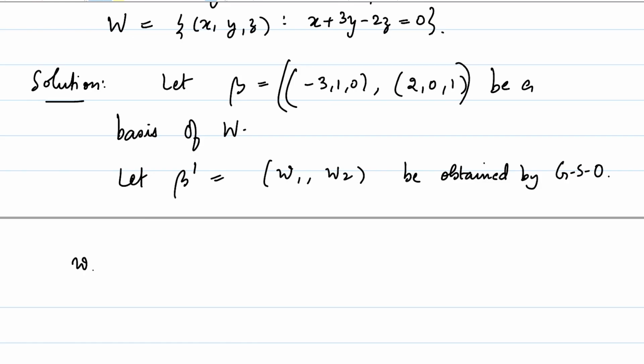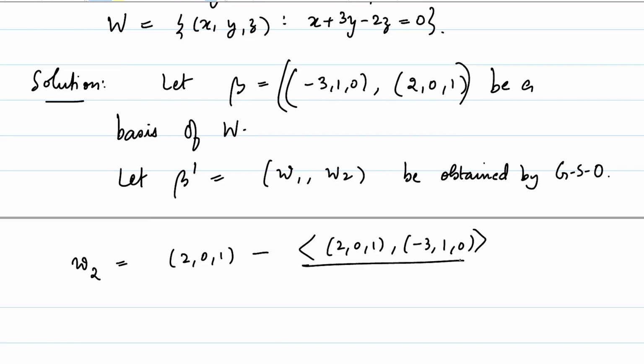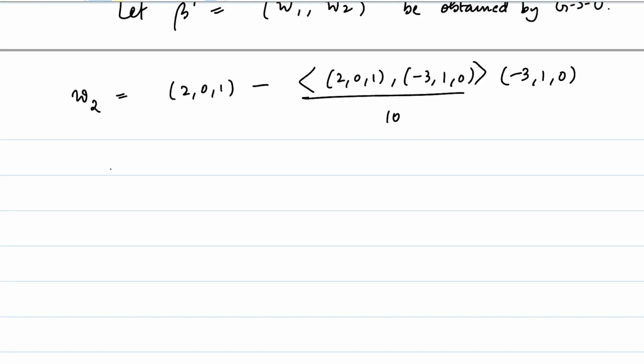So what will our W2 be? It is just going to be equal to (2, 0, 1) minus the inner product of (2, 0, 1) and (-3, 1, 0) by the length of W1 squared, which is 10, times (-3, 1, 0). So this is equal to (2, 0, 1) minus, let's see, this is minus 6 by 10, which is minus 3 by 5, times (-3, 1, 0).